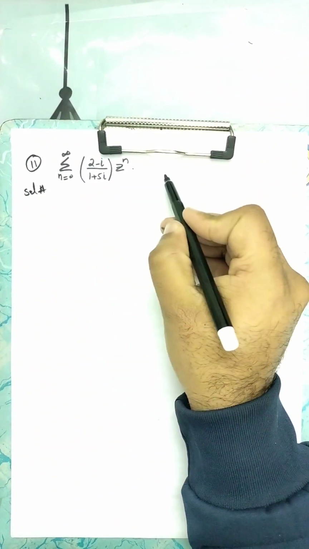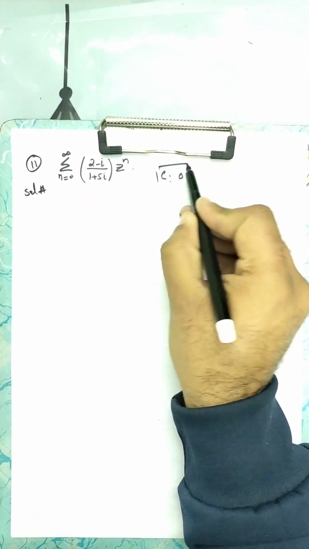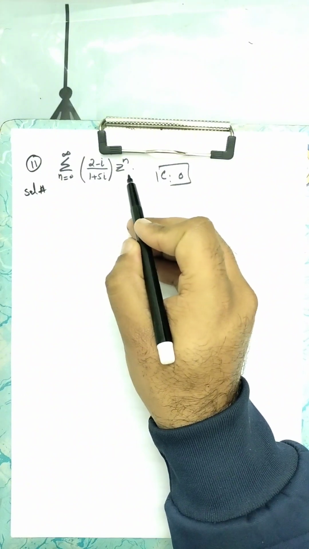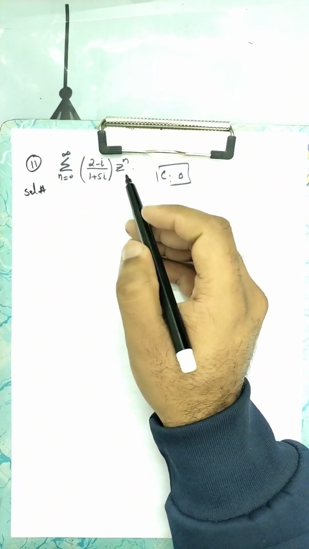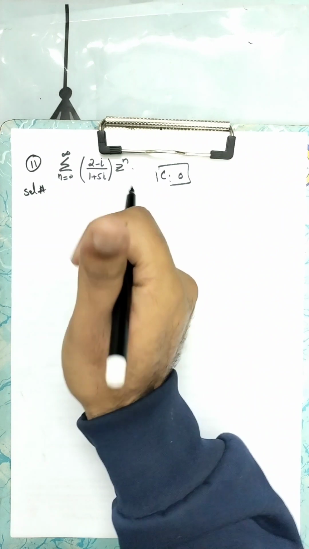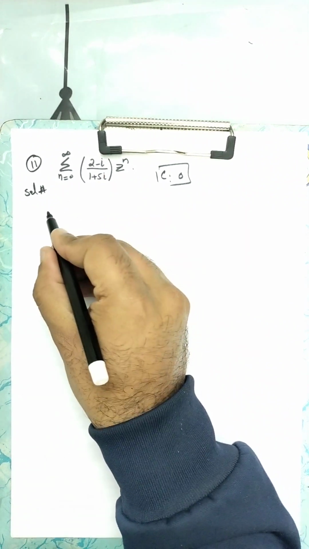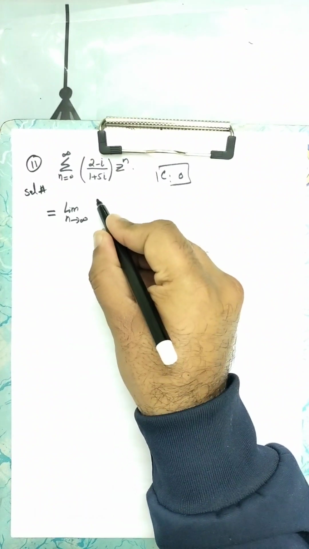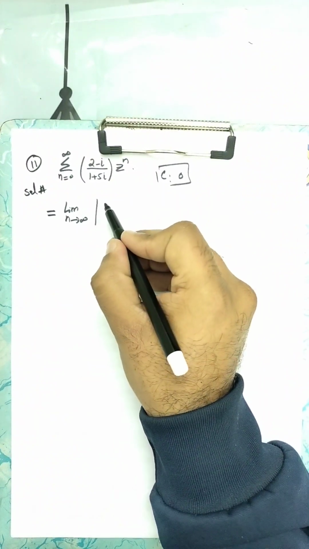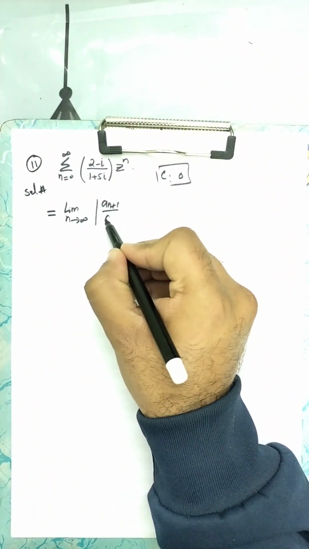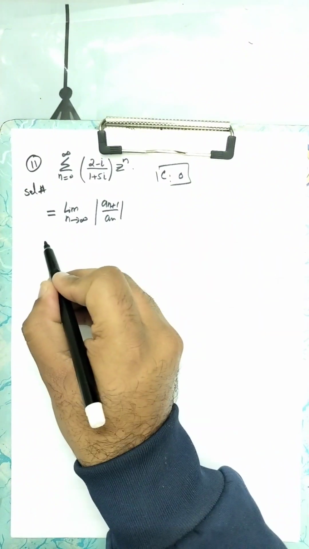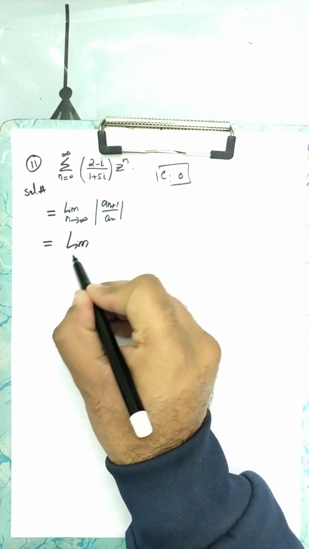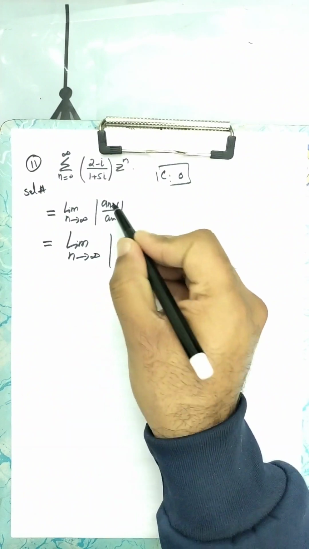So again the center is 0, because we compare this with z minus 0 to the power n. So z naught is 0. The main task is to find the radius of convergence. Again we solve by the Cauchy ratio test, and this is a n plus 1 over a n, and this is equal to limit n approaches infinity. And what is a n plus 1?